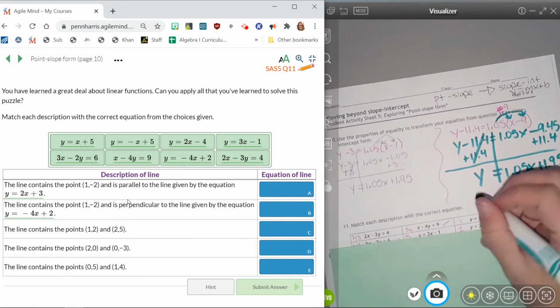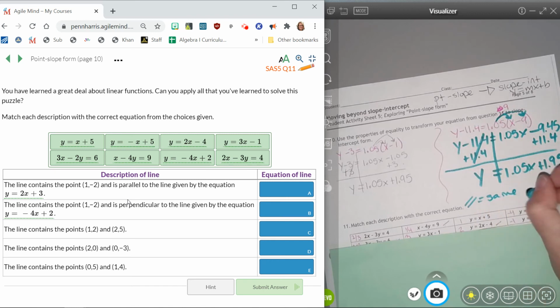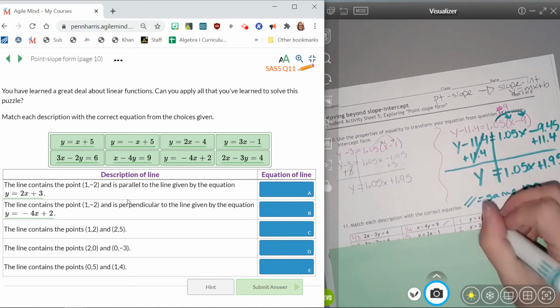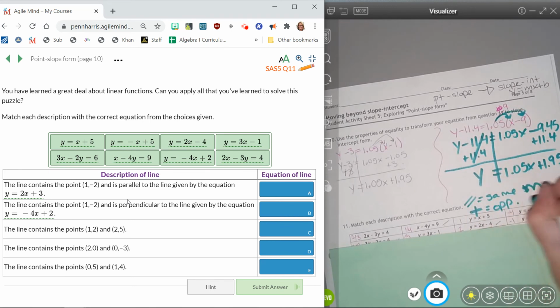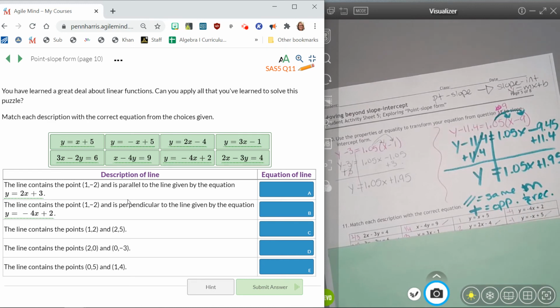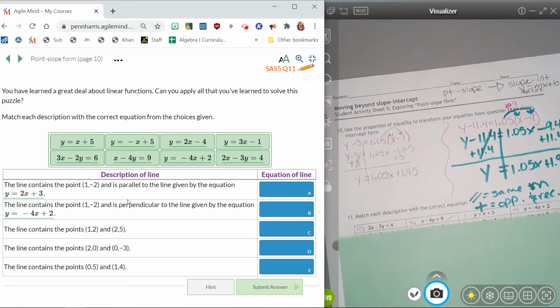As a reminder, parallel lines have the same slope, same m. Perpendicular have opposite and reciprocal, meaning flip it. Opposite, reciprocal.